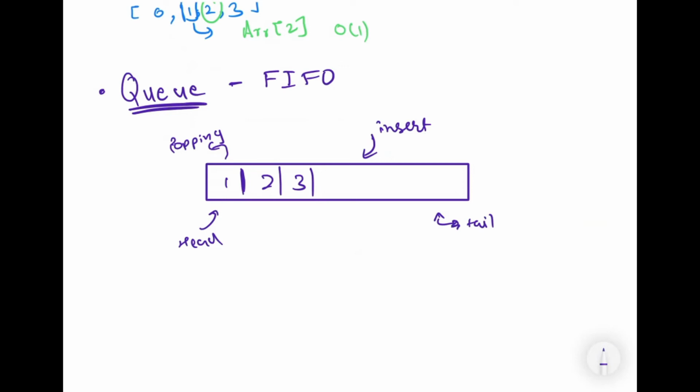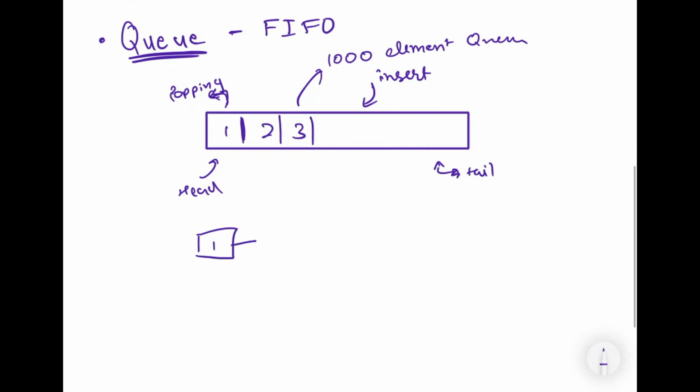If I were to implement this using an array, let's say this is a 1,000 element long queue. If I were to pop from the front of the queue using an array, every pop operation will take thousands of operations for just a simple removal of the first element from the data structure. But if I do it using a linked list, I can do it in O of 1 time complexity.